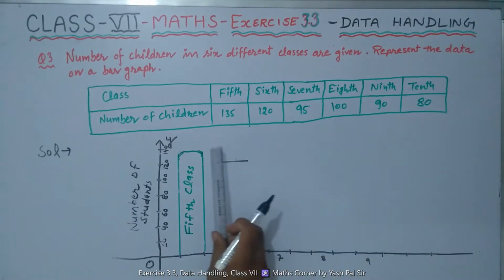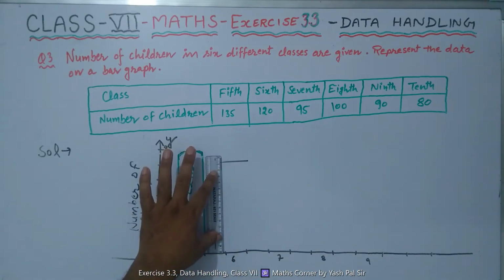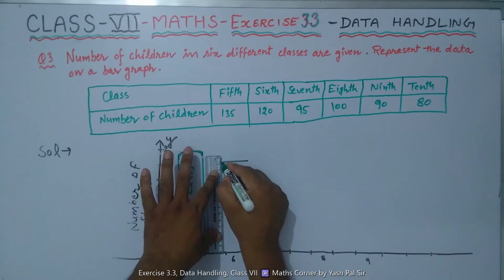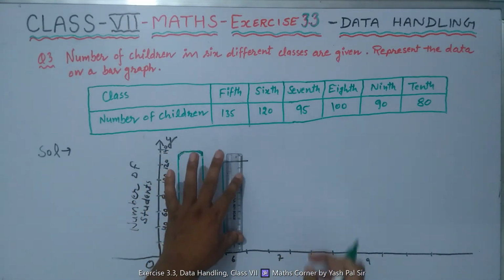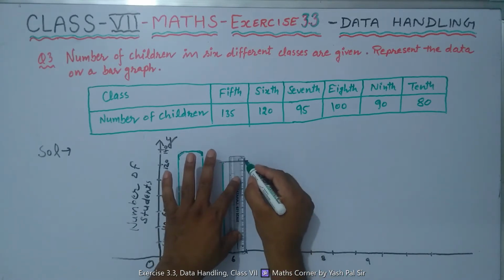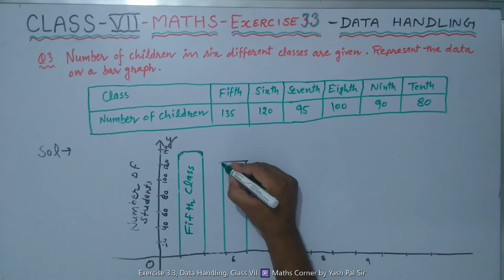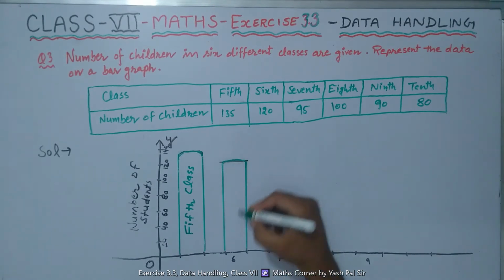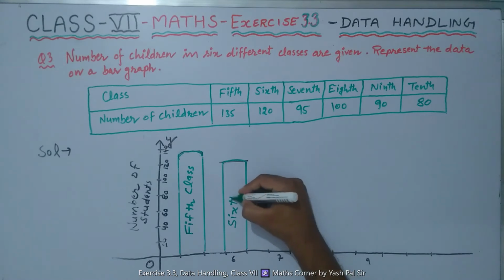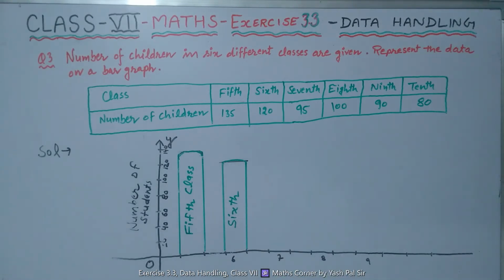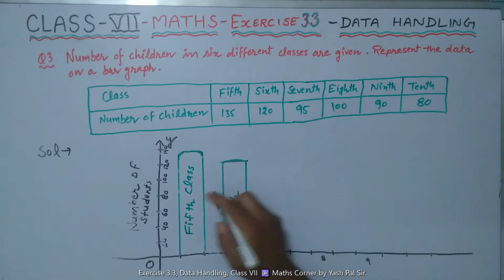So from here, in the next time, joining this line and this line, this is the second bar graph, second bar for class 6th students, 120.